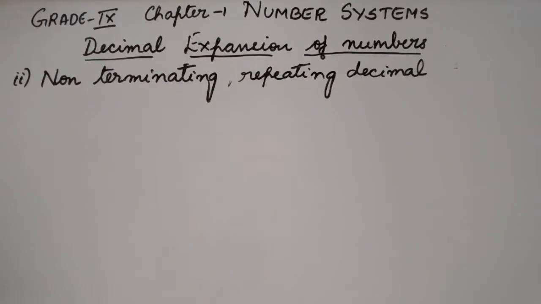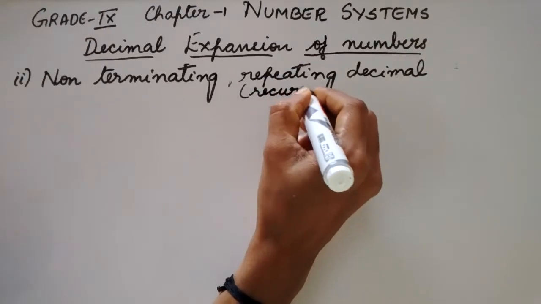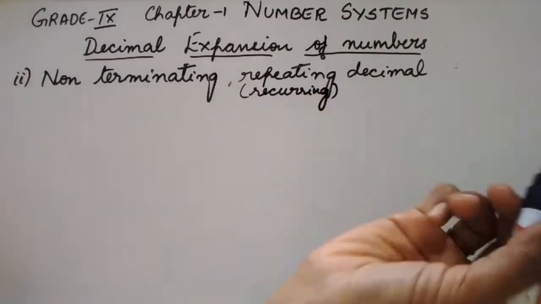So non-terminating repeating can also be called recurring decimal.